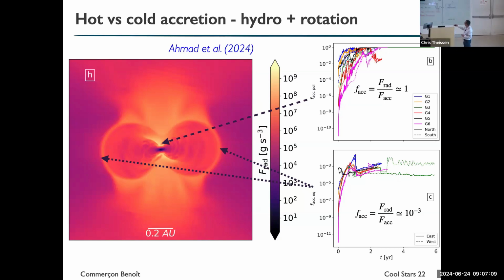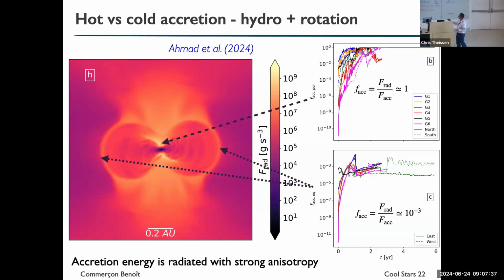You see that at the equator, we have a low efficiency, 10 to the minus 3, meaning that we have a hot accretion, so the energy is not radiated away. But if you consider accretion onto the pole, you see that we have an efficiency close to 1, meaning that we have a supercritical shock. Most of the energy is radiated away. So if you think about cold versus hot accretion, you see that because of the anisotropy of the system, we can have both at the same time, very early on.